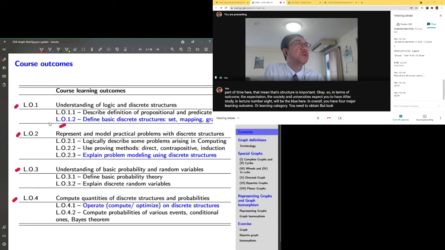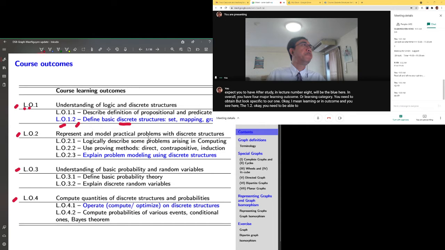Then you see here 1.2: you need to be able to define some basic discrete concepts and structures. Sets and mappings, and today we learn graphs.